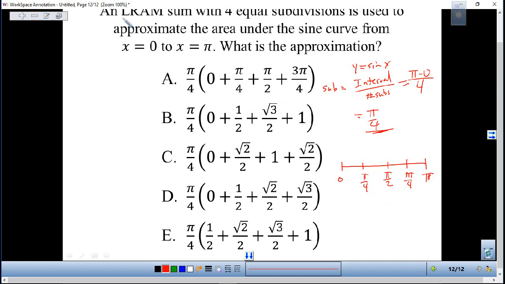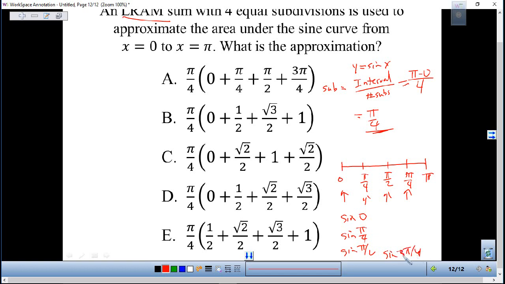Now, if we're using LRAM, means we're going to use this one, this one, this one, and this one, but not that one. So we need to find what the sine of 0 is, what the sine of pi over 4 is, what the sine of pi over 2 is, and what the sine of 3 pi over 4 is.